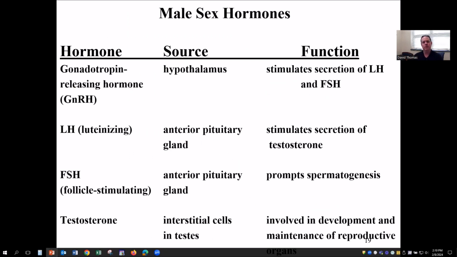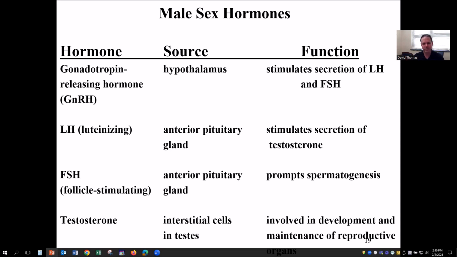Last thing I want to mention is this nice table. We talked about these hormones back in chapter 16 for the endocrine system, but this table does a pretty nice job as a review. Hopefully these names are still familiar. Remember that GnRH is gonadotropin releasing hormone. This is one of the releasing hormones we talked about from the hypothalamus in the brain.